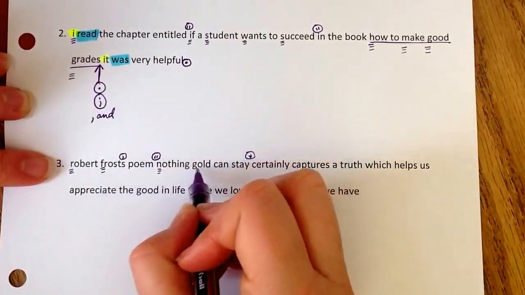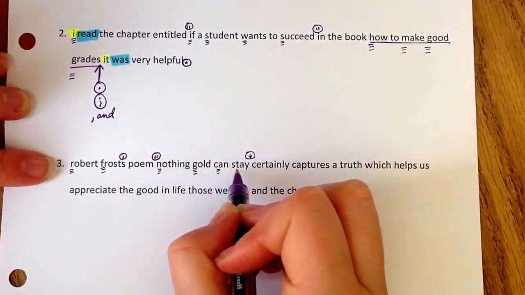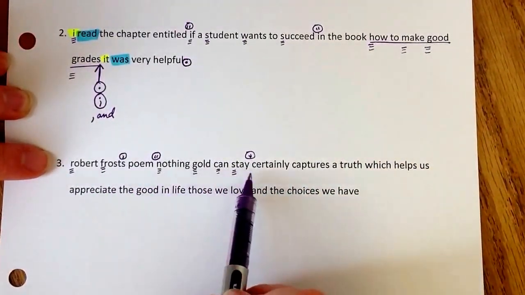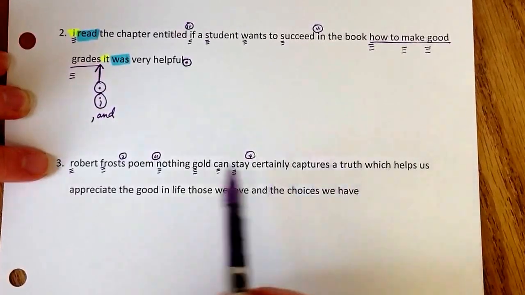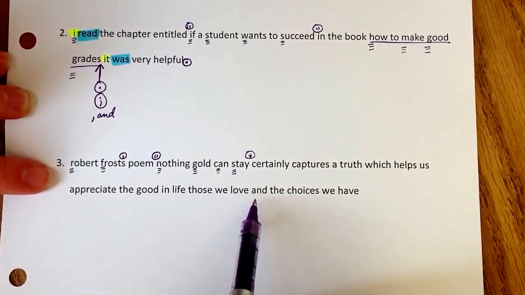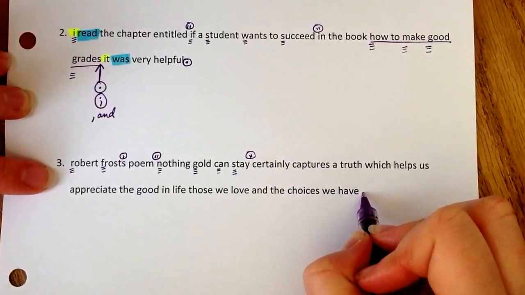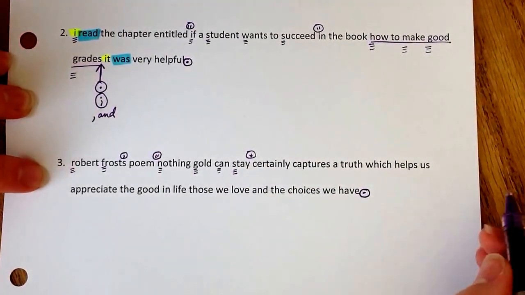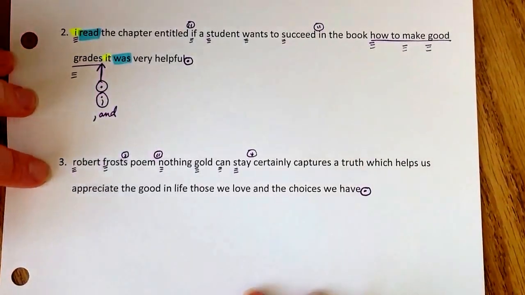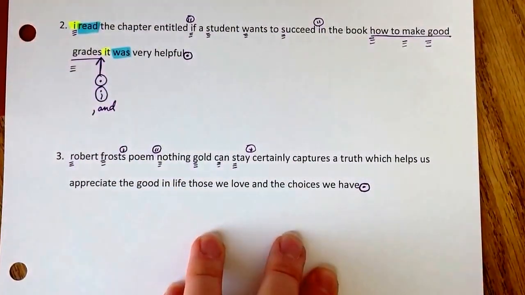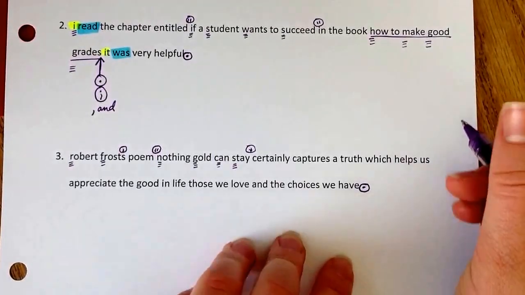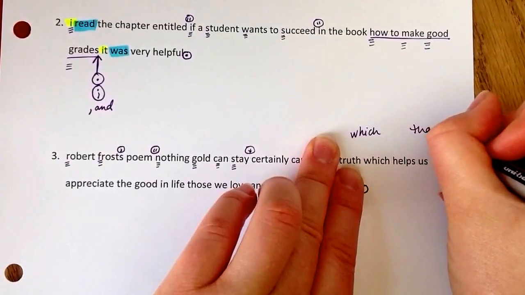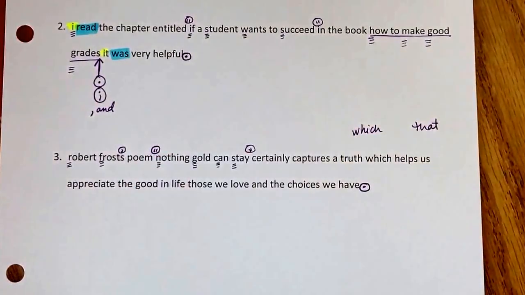And I'm going to capitalize Robert Frost's poem, Nothing Gold Can Stay, certainly captures the truth, which helps us appreciate the good in life, those we love, and the choices we have. I'm going to go ahead and put my period, and then I'm going to work back and figure out where I need commas. So just like we talked about with which one and additional information earlier, the words which and that have different rules.